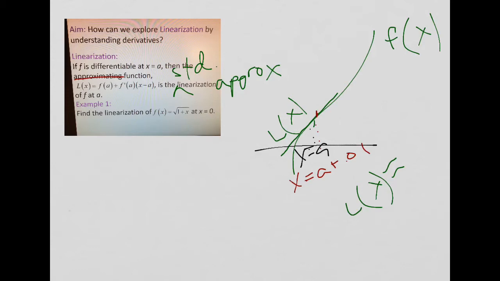And so that's why finding this line is so important, because we can use it for our values, even if it's a minus 0.001. So for finding the line, that gives us example number 1. Let's do that, and we can go on from there.